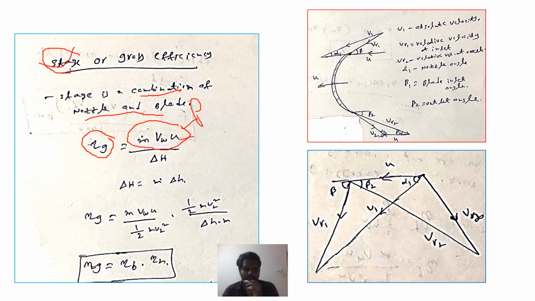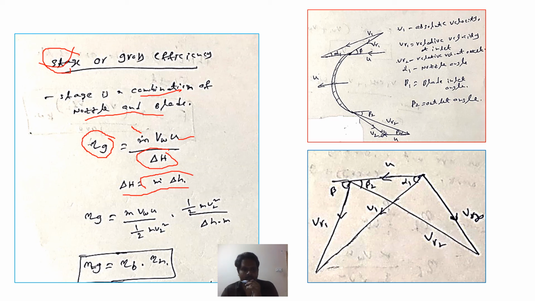Here u is the blade velocity, Vw is the whirl velocity, m dot is the mass flow rate, divided by delta H. Here delta H is the input, which is how much enthalpy drop in the nozzle is converted into useful work. That is input delta H.